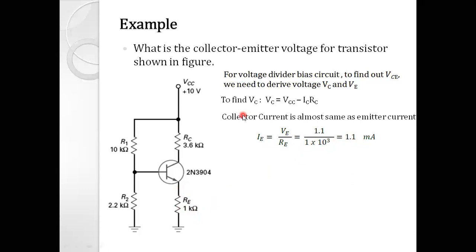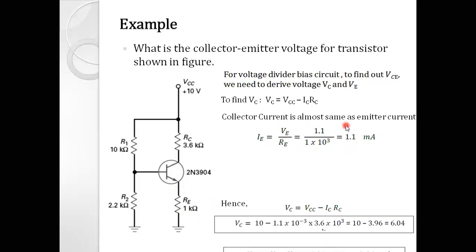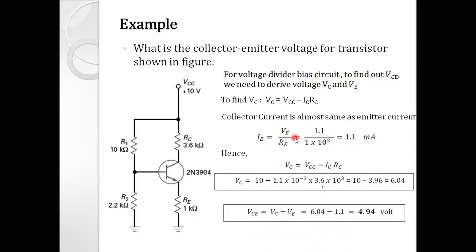And from that, the collector current is also 1.1 milliampere because of this approximation, right? And so finally, we have the value of VCC, which is from the circuit diagram, IC, which is calculated from this IE, and RC is also given in the diagram, which is 3.6.